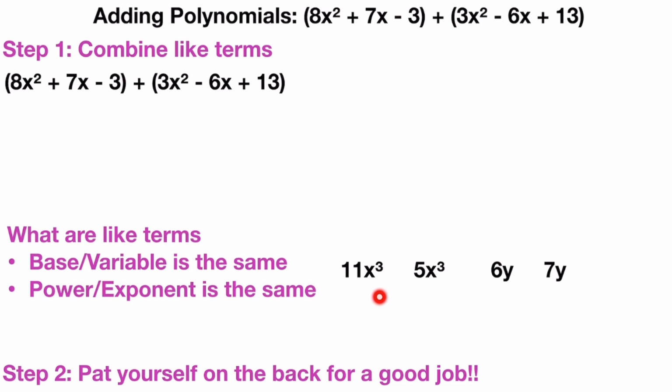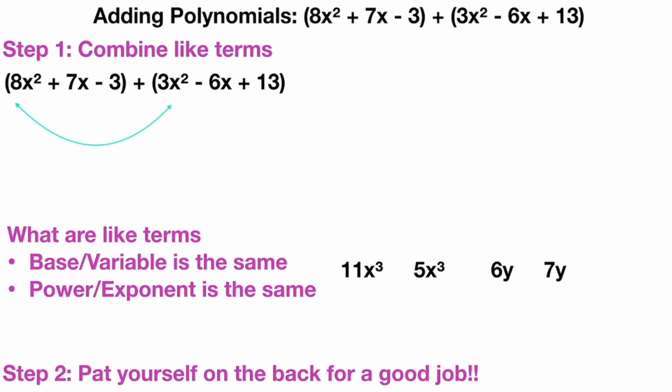Let's say you add them. When you add these two terms, you don't add the x and the 3. It will still be x cubed at the end, but you will just add 11 plus 5, the coefficients.